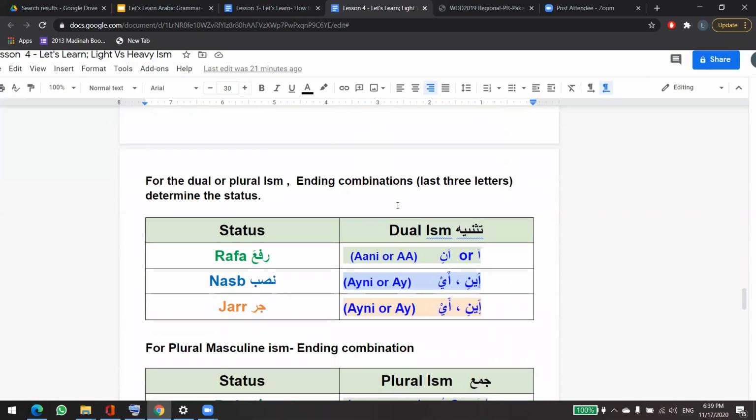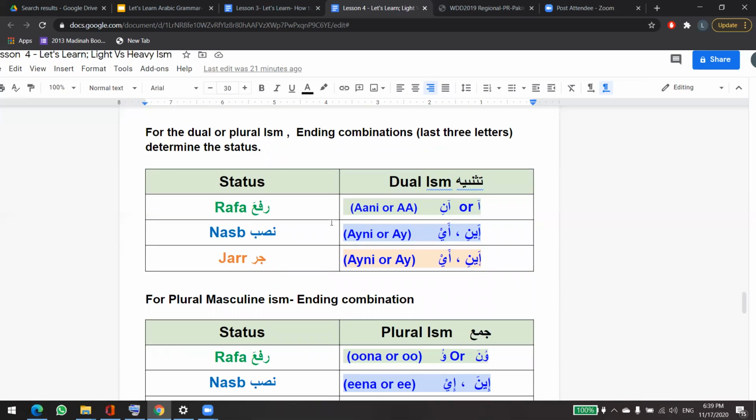Now we come to the ending combinations. In ending combinations, we have either ani or a, which is for rafa status. And for nasab, either aini or ai. Kitabaini or Kitabai. Muslimaini or Muslimai.